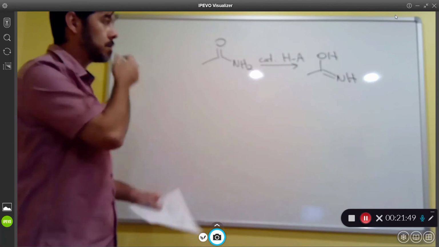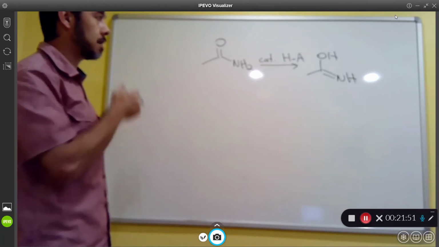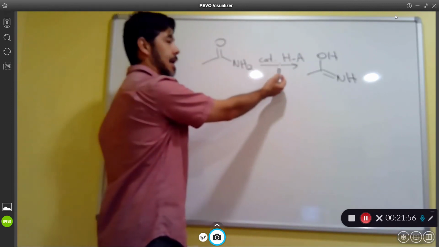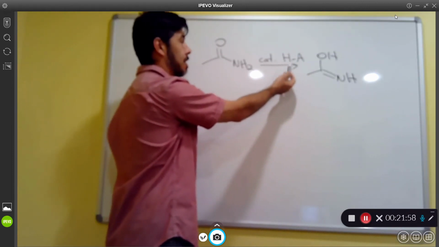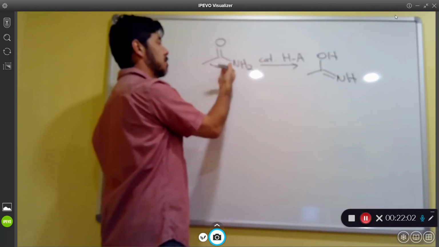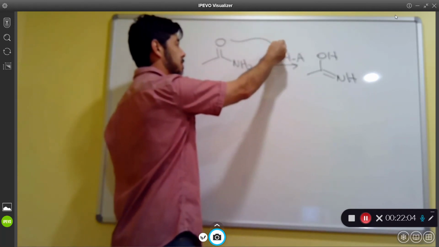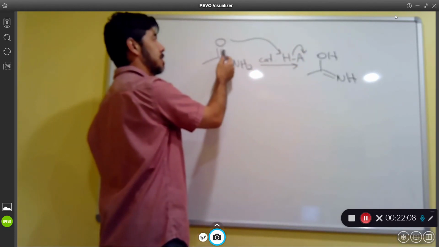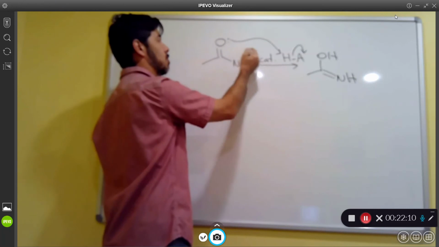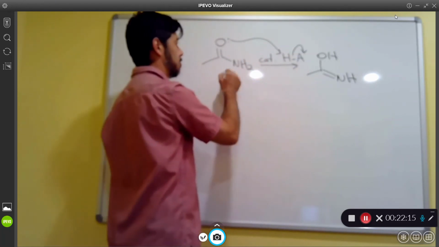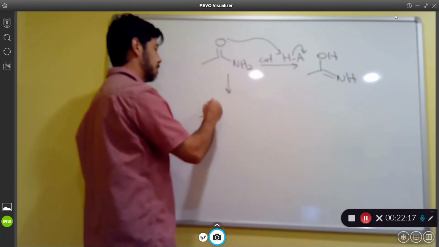The important thing to know is that we are under acidic conditions. How do we know that? Well, we have an acid present right here, HA, that is our generic acid, and we don't have any base present. So we're first going to activate this carbonyl group. The lone pairs will react and pick up a proton, releasing the conjugate base.